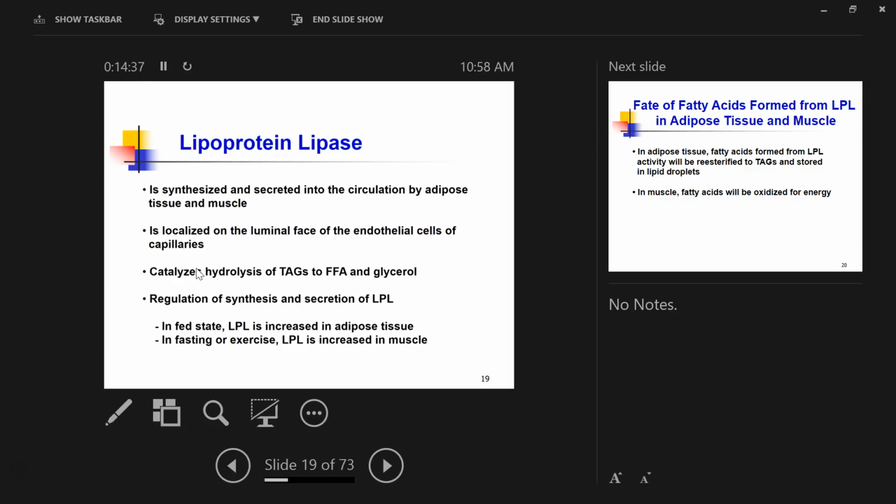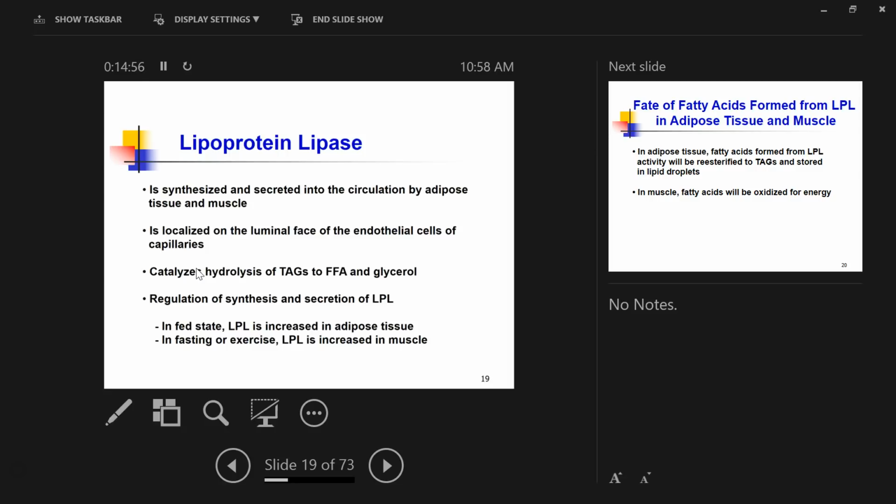LPL can be synthesized in two tissues, adipose tissue and muscle, and the regulation of LPL synthesis in these two tissues is different.